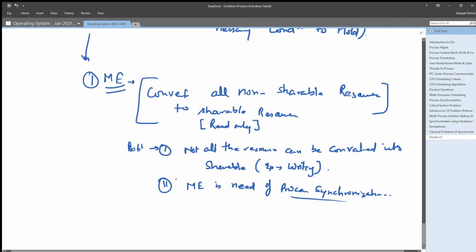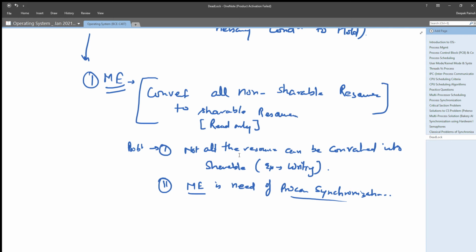If we disturb mutual exclusion, we are creating undesirable results in the system, because we have many cooperating processes and must have process synchronization there.